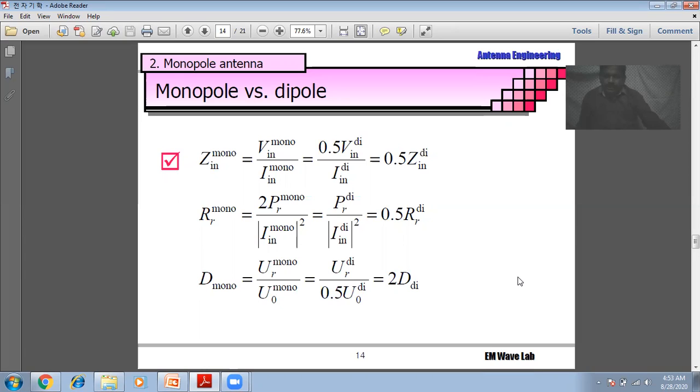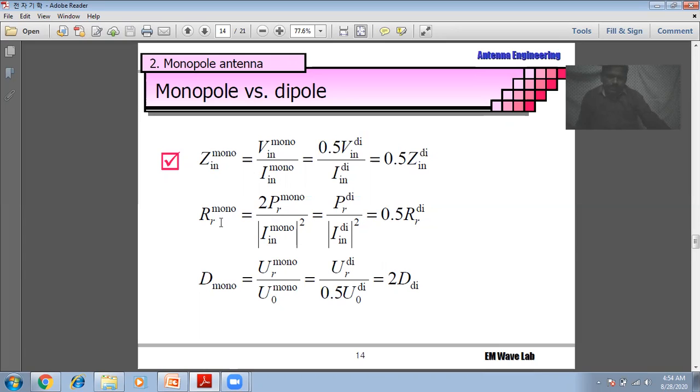So that is the radiation resistance of the monopole antenna, seen as 36.5 ohms. That is shown here: the radiation resistance RR of the monopole antenna is equal to 0.5 of the radiation resistance of the dipole antenna, that means RR of the dipole antenna divided by 2. So 1 by 2 is seen as 0.5.